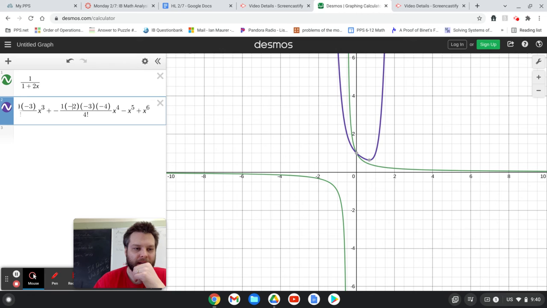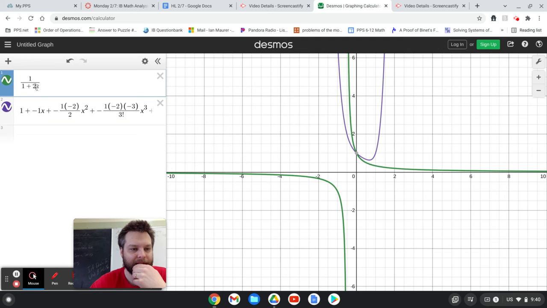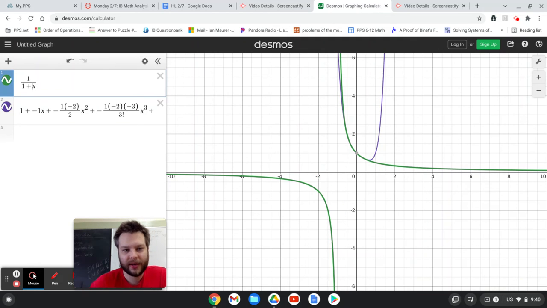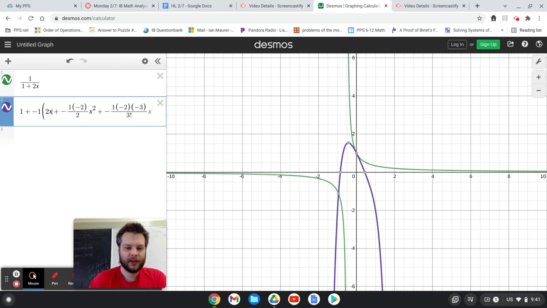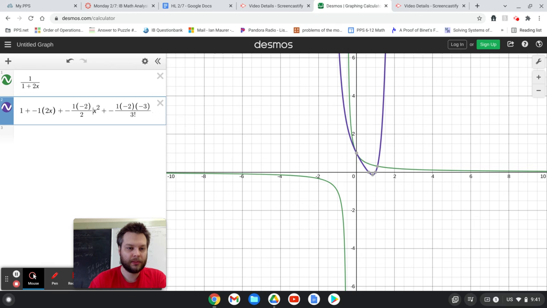And I forgot the one thing is that this was substituting just the x value. So excuse me, if I do this, now the approximation is good. And now the point that I was trying to make is that you can change the x in the original green function to 2x, and as long as you also replace each of the x's in your approximation with a 2x, you're still going to get a good approximation.